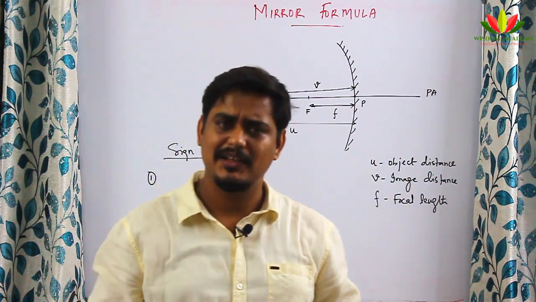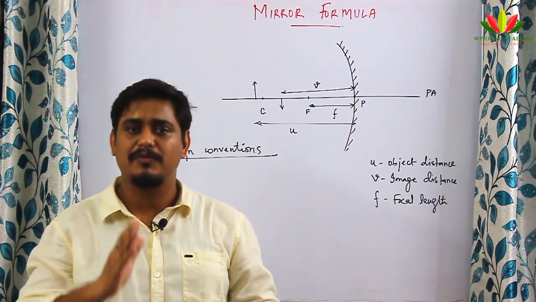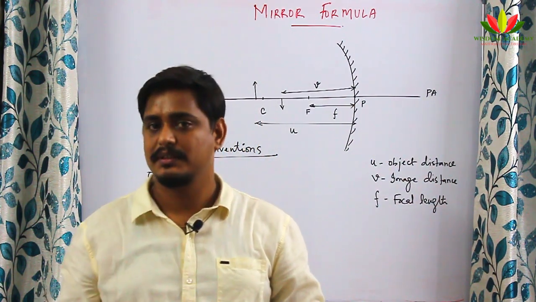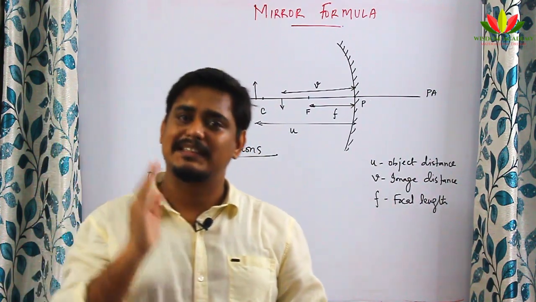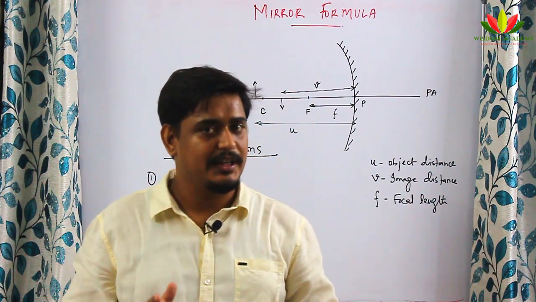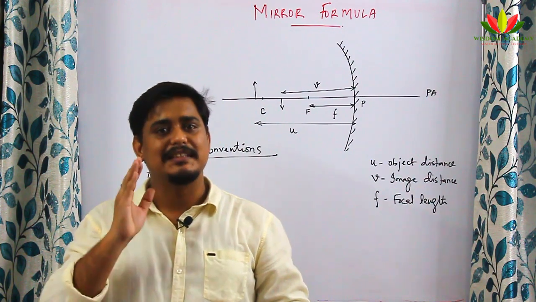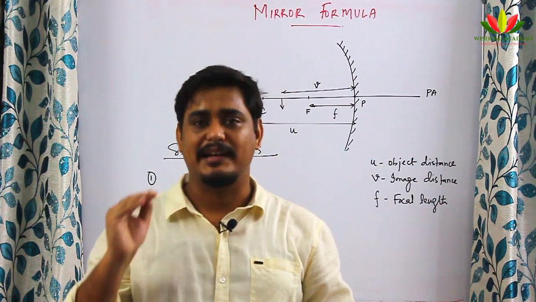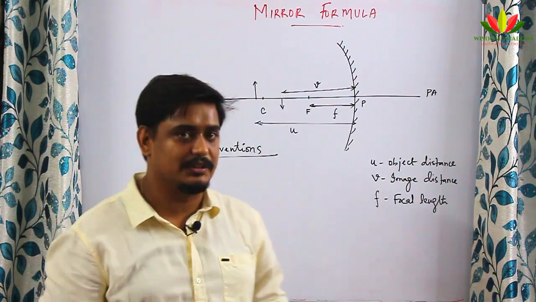I will repeat once again: all the distances measured along the direction of incident ray are taken as positive. Then you write, and all the distances measured against the direction of incident ray are taken as negative. I will repeat: all the distances measured against the direction of incident ray are taken as negative. That is the first sign convention.